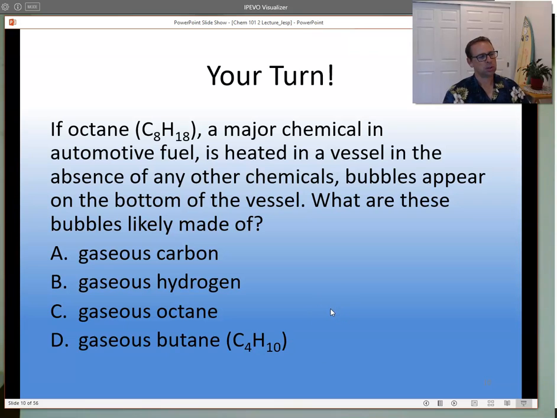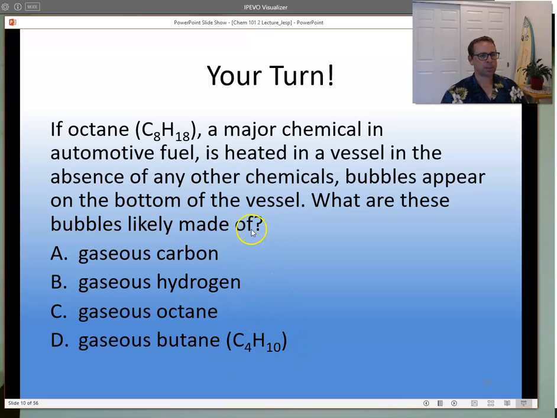Okay. Any ideas? So bubbles appear on the bottom of the vessel, and what's it made of? It's made of this octane, C8H18. I'm reading that last sentence: what are these bubbles likely made of?